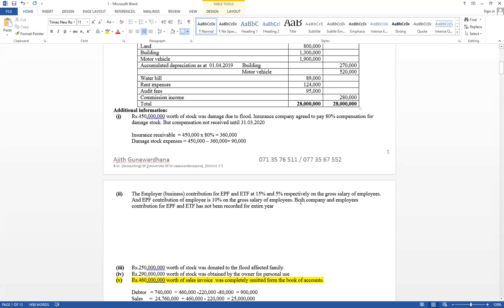Both company and employee contribution for EPF and ETF have not been recorded for the entire year. Think about employee contribution for EPF. This is the thing you have to consider.